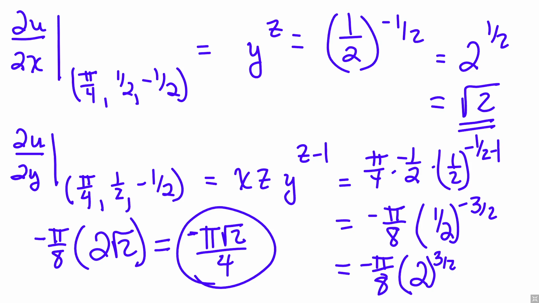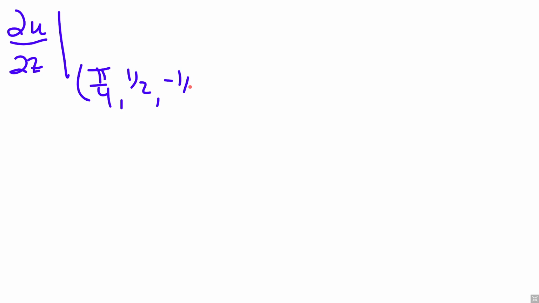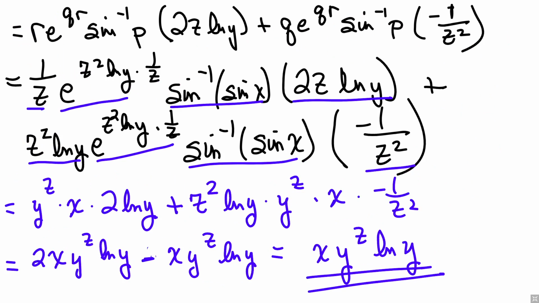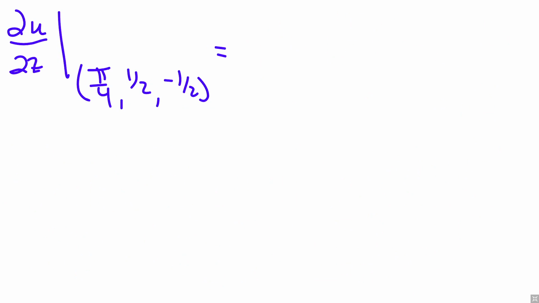Okay, and then the last one we have, we're going to take a look at the partial of u with respect to z. Again, we're going to evaluate at the point pi over 4, 1/2, and negative 1/2. Now, we said that that derivative was equal to x y to the z times the natural log of y.